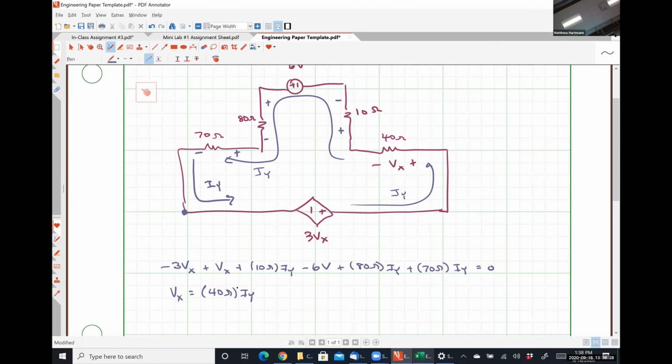And that will allow us to calculate all of the powers, because IY squared times any of these resistors gives us the power absorbed by the resistor, and IY multiplied by the voltages gives us the power absorbed or supplied by each of our sources. So once we know IY, finding literally everything else about the circuit is trivial. So are we good? All right.